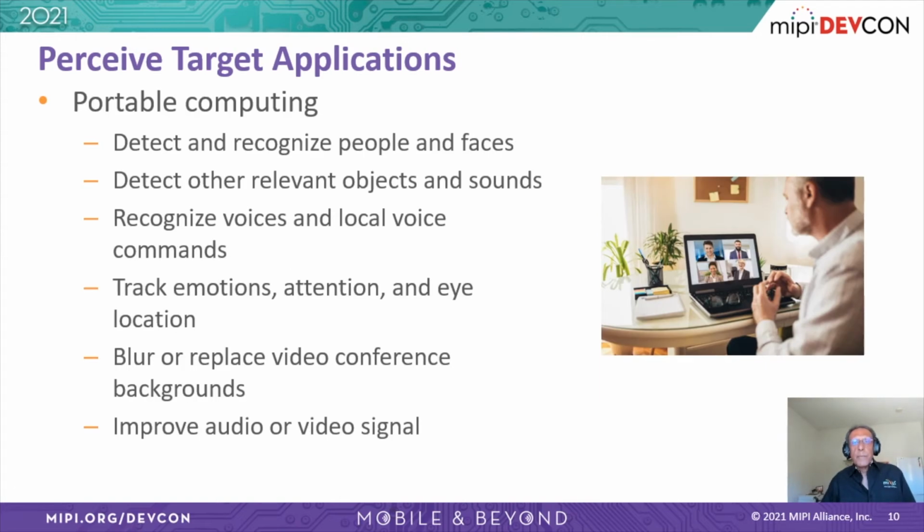Next, let's take a brief look at how portable computing can use the Ergo capabilities. In addition to all the capabilities already mentioned, the system can track eye location and interpret the user's emotion and attention using the built-in camera and smartphone. You can also blur or replace the video conference background and improve audio and video quality.